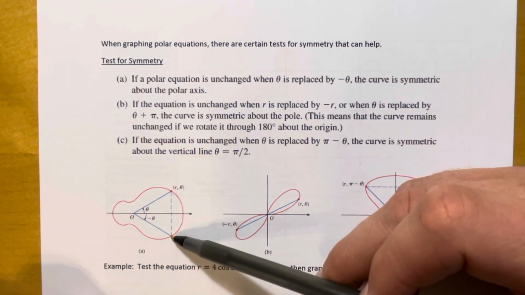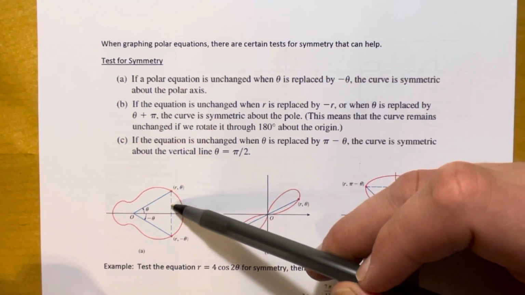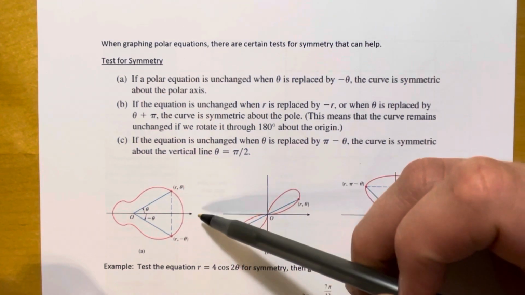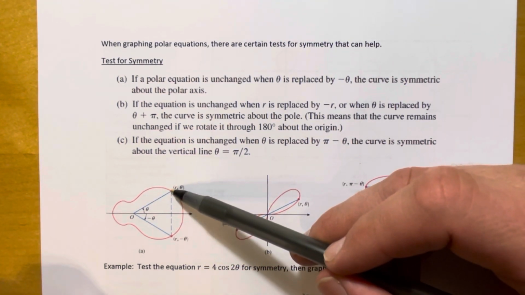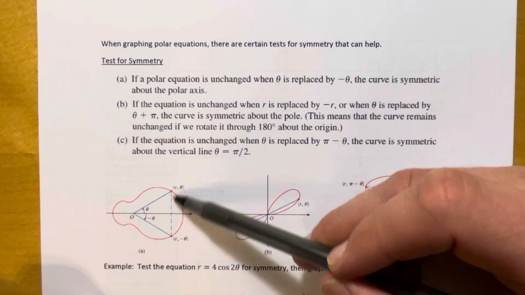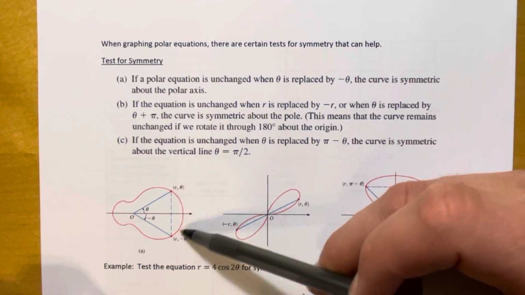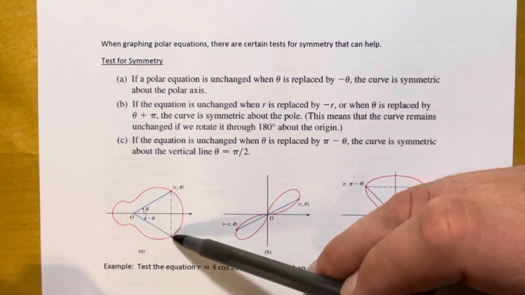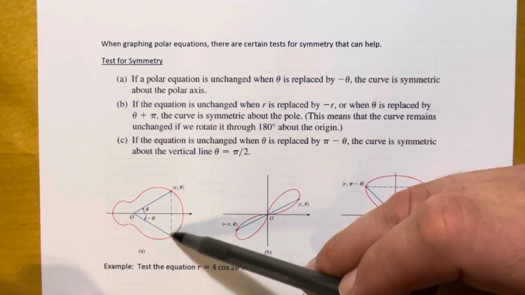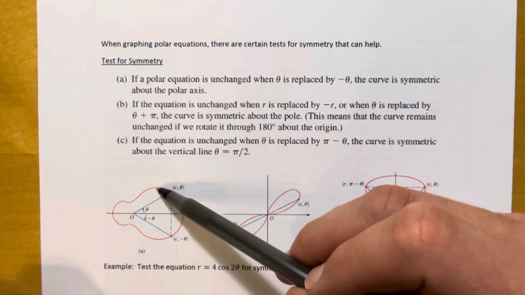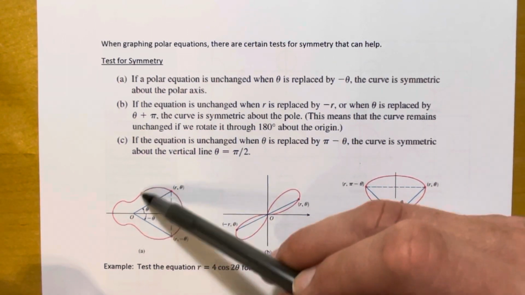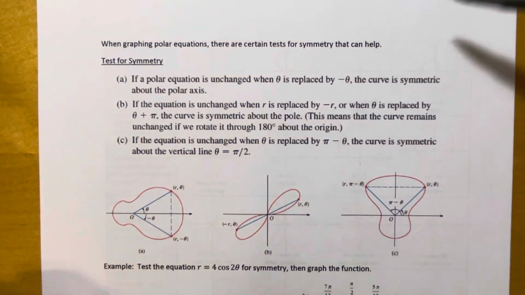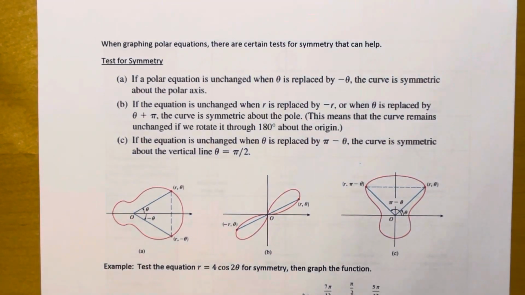That would take me to a point here that is vertically below this point here. So this point and this point are mirror images of each other, or reflections of each other across the polar axis. Because this point coincides with this one when I reflect it, I have symmetry there. And I can see that that would happen with any other corresponding pair of points on this curve. So that's your justification for that symmetry test.